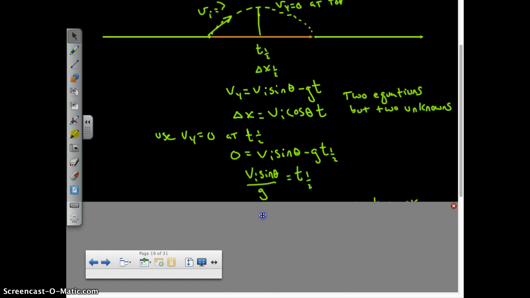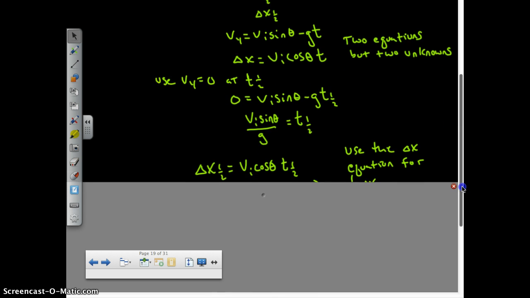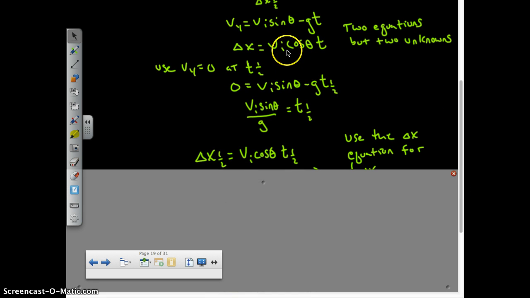So if we get rid of time out of these equations, we can now use the delta x equation. We modify it a little bit, because we solved for half the time here. We know that we would be at half of our range, or half of our distance in the x direction. So just to keep track of that, I'm putting that little subscript of a half on there.